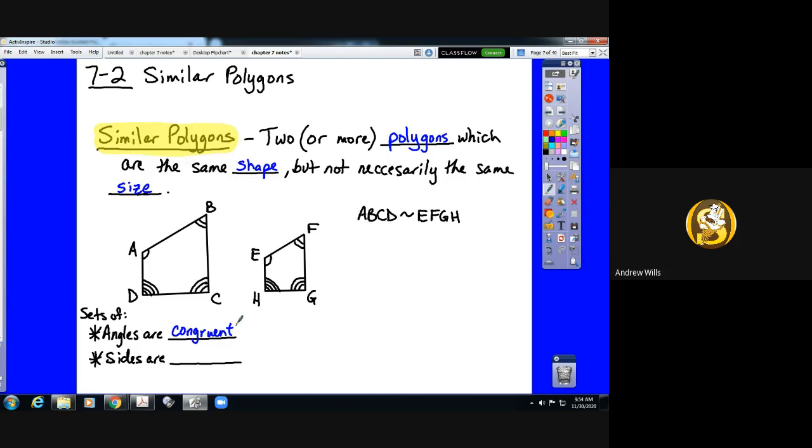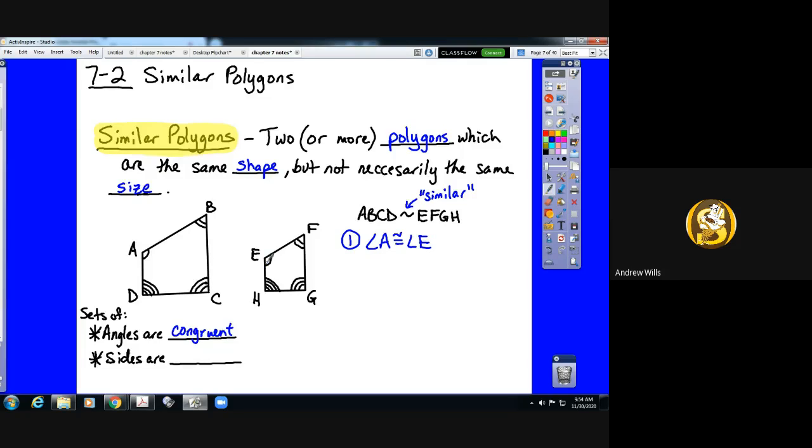Okay, we've got angle A is congruent to angle E. And we know that based on this similarity statement because A and E are the first letters in those names. Guess I should probably mention that this symbol here is the symbol for similar. That's squiggly. The tilde is the similar symbol. Okay, that tells us that A is congruent to E.